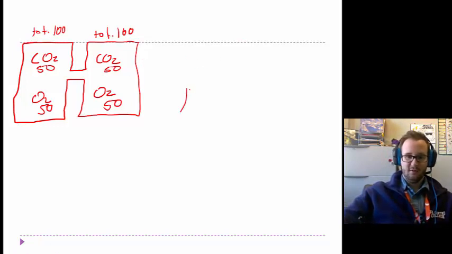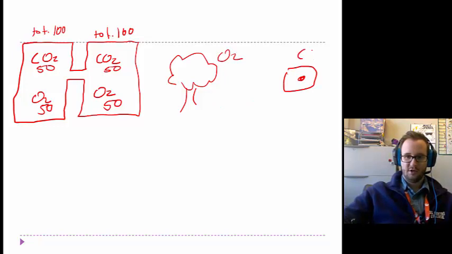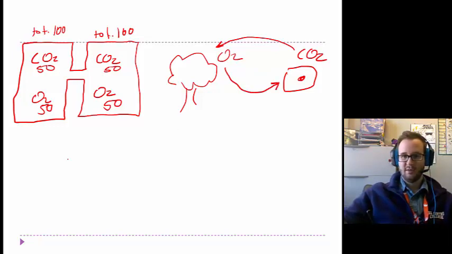Now, we know in real life we have trees, and trees are going to produce oxygen, and we have cells, and these cells are going to produce carbon dioxide. And this carbon dioxide is going to constantly be diffusing down its pressure gradient, and oxygen will be diffusing down its pressure gradient. This is going to end up resulting in gas constantly moving as different regions in the environment are creating these pressure gradients.